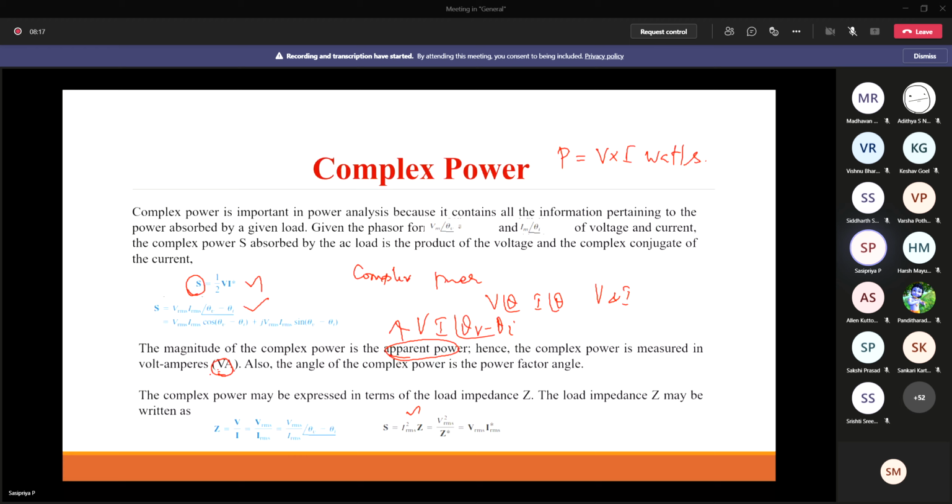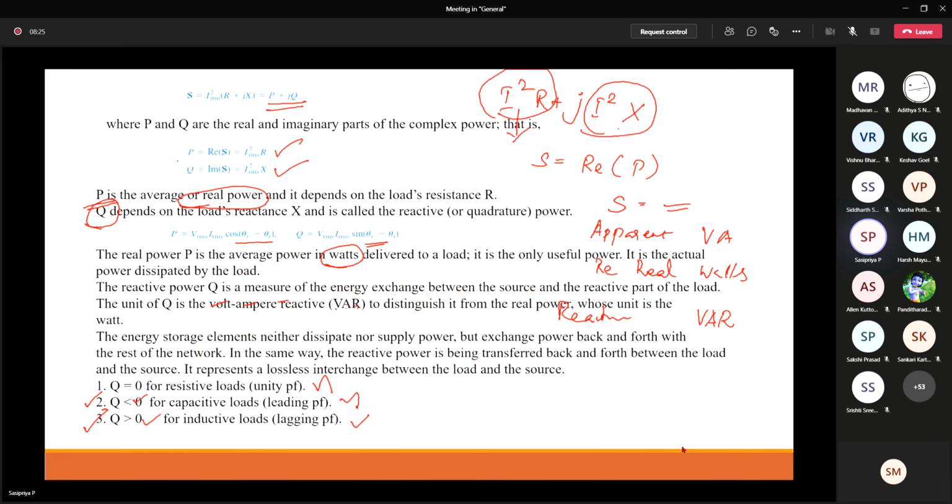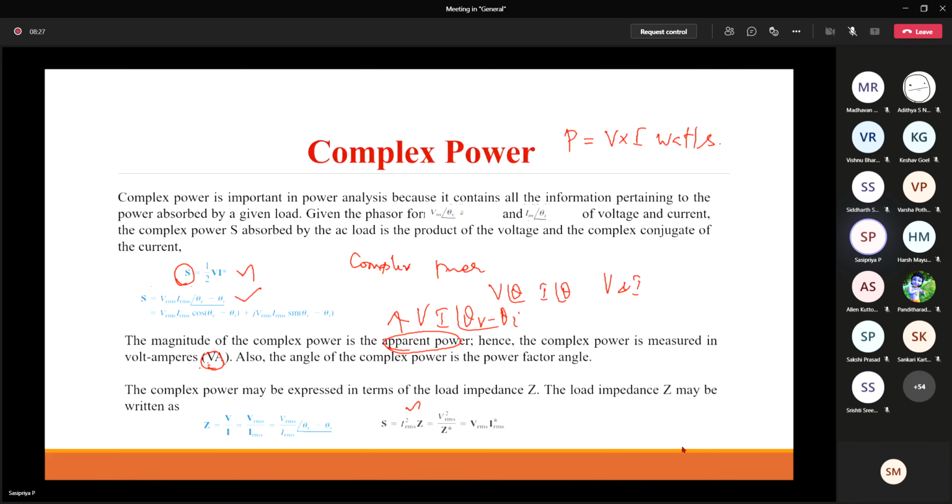So in this power equation, when you calculate the average power, one of the terms will become 0, and you will have the real power, that is VI cos theta. Then this power can be expressed using VRMS, IRMS, and the phase difference between the voltage and current.